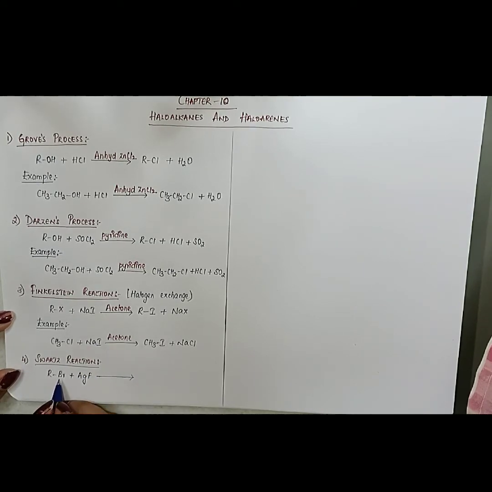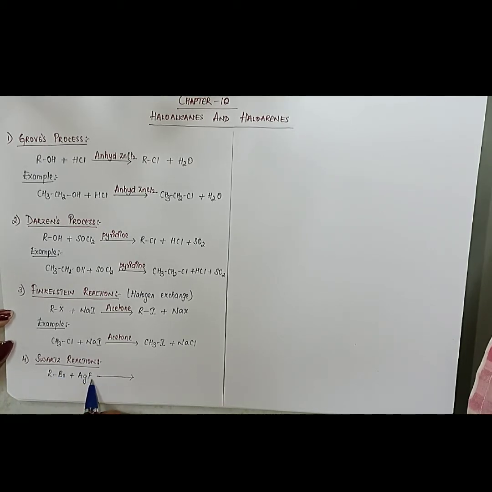Now by exchange, this is again another halogen exchange method. Br will go to Ag and F will come to R group. So here this will be RF plus AgBr. So here again, because halogen is getting exchanged, this is also a halogen exchange method.